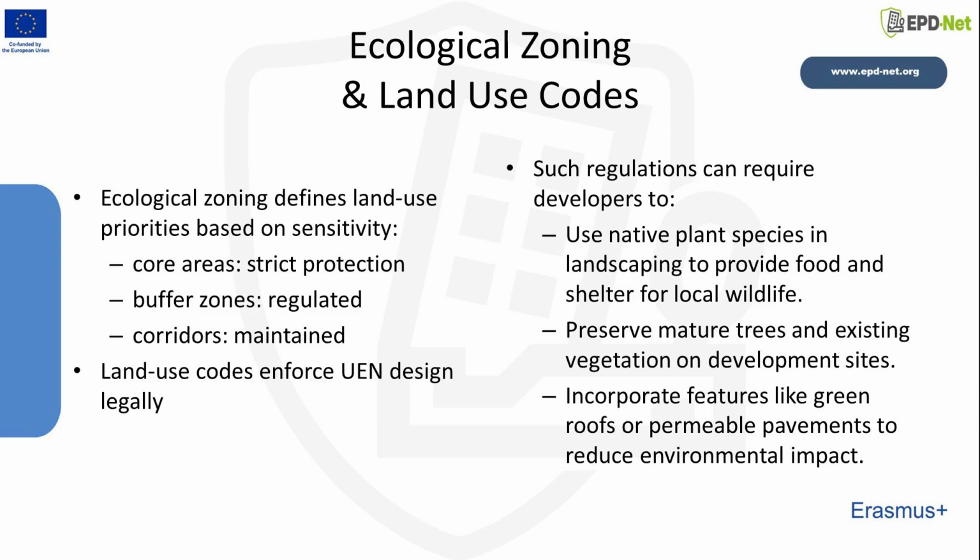The development of such zoning maps is often informed by biotope mapping, a method used to systematically classify and evaluate urban habitats based on their ecological characteristics, such as vegetation structure, age, species composition, and degree of human influence. The resulting biotope maps provide the fine-grained spatial data needed to delineate conservation zones, and inform the development of specific land use codes and ordinances.